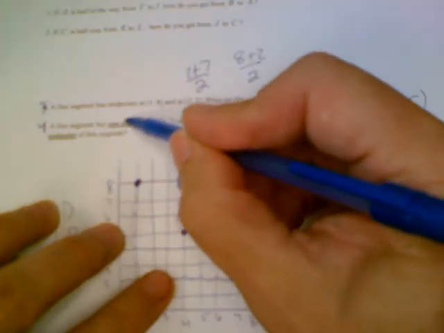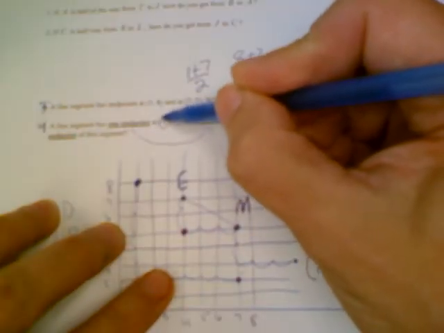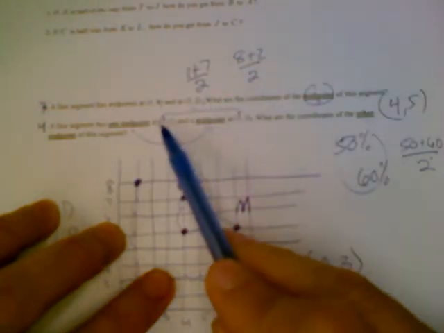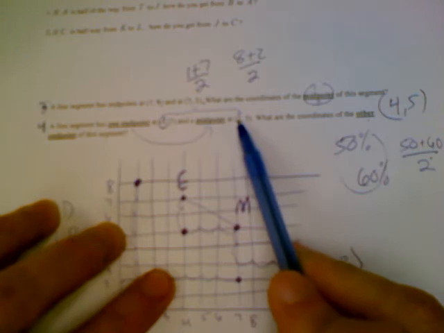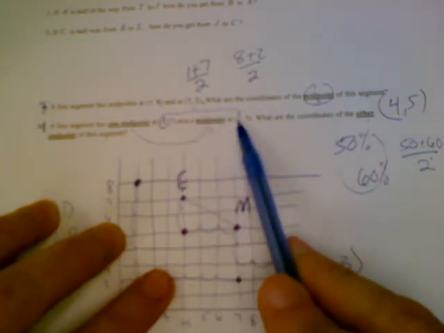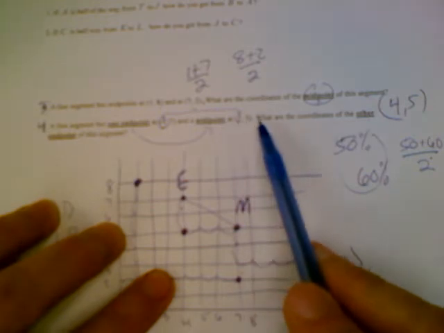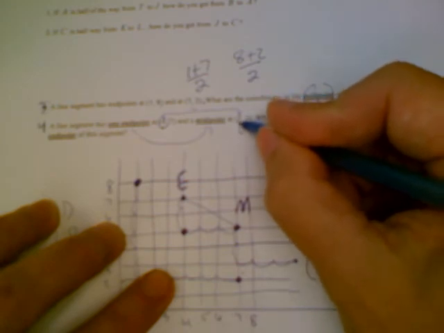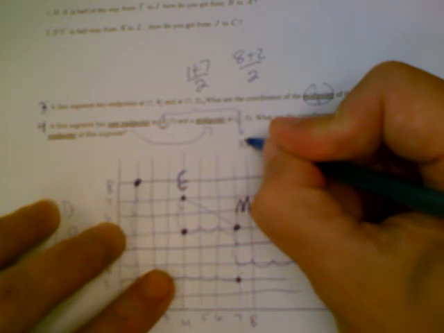Look, if you're going from one endpoint to the midpoint, and the x values are going from 4 to 7, that's 3 steps up to go from an endpoint to the midpoint. So to get from this midpoint to the next endpoint, you're going to have to go another 3 steps up from 7. So 3 steps up from 7 would be 10.